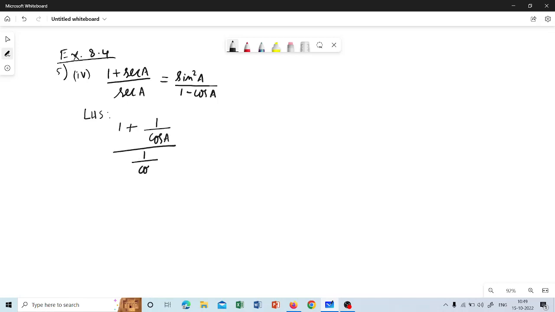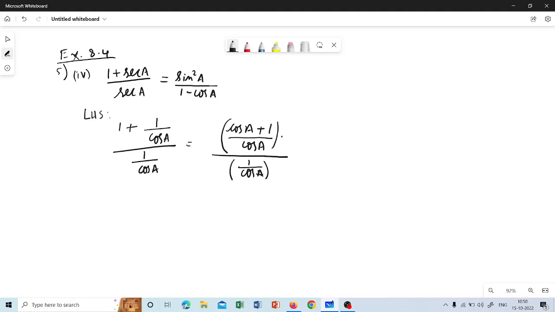Now if I take LCM, it is cos a by cos a plus 1 divided by cos a. This is the numerator, so it is useful to put the bracket, divided by 1 by cos a.